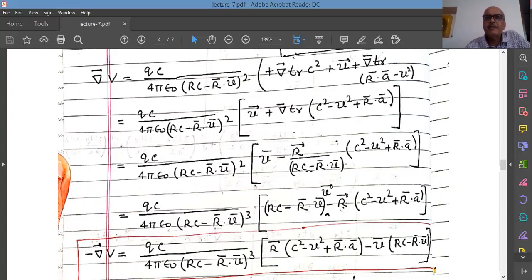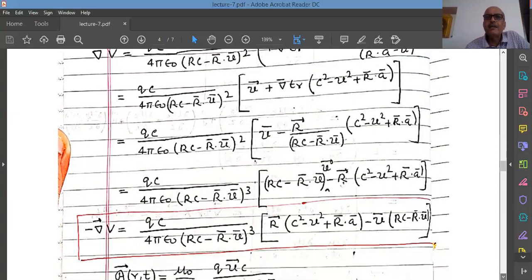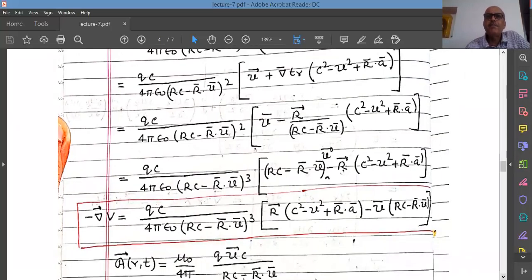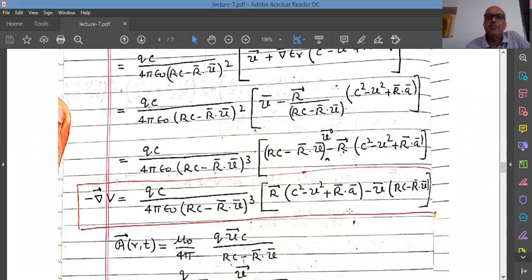Now I have taken 1 over RC minus R dot B common. When it comes here, in place of square, it becomes the cube. But the first term gets multiplied by RC minus R dot B. You see, it's a B into RC minus R dot B minus, we are left with R vector, and then inside the bracket, we have C square minus B square plus R dot A.